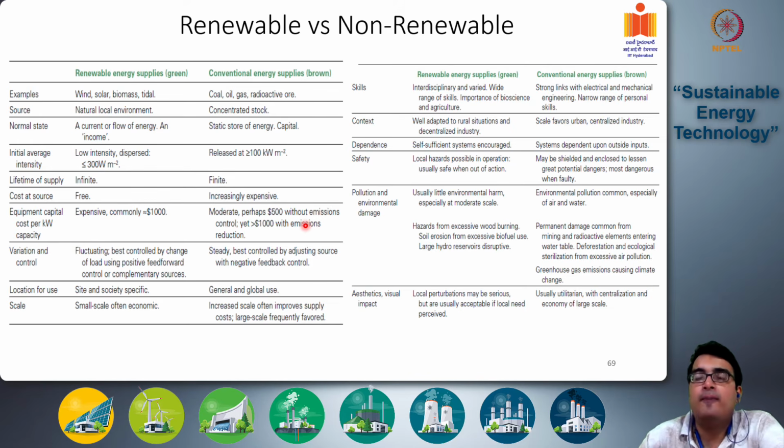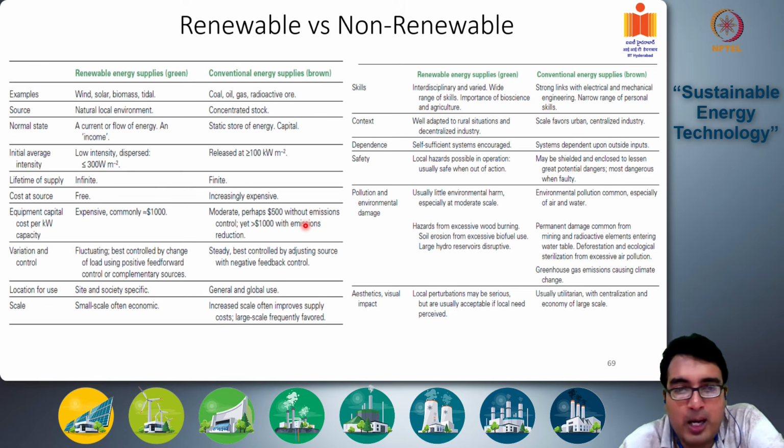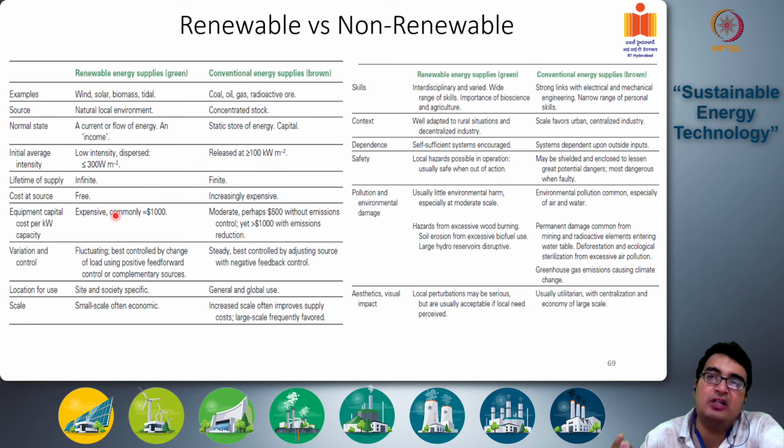So you have a much lower technological challenge in harnessing this concentrated power. Whereas because it's dilute, the technology has to be sophisticated to harness it at a very efficient value and at enough rate for it to be commercially viable.